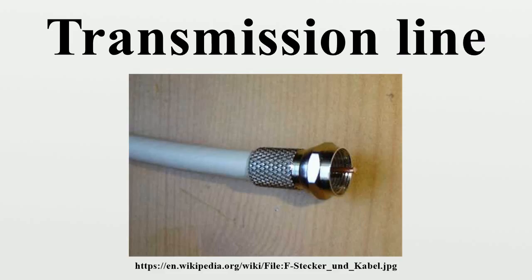When sending power down a transmission line, it is usually desirable that as much power as possible will be absorbed by the load and as little as possible will be reflected back to the source. This can be ensured by making the load impedance equal to Z0, in which case the transmission line is said to be matched. Some of the power that is fed into a transmission line is lost because of its resistance.